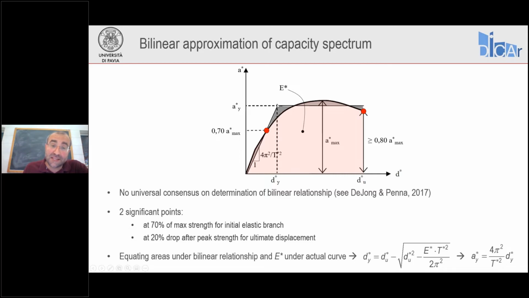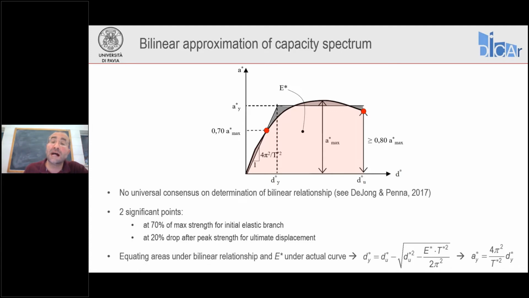The elastic branch of the bilinear relationship has to pass through 0 and through the 70% A star max point, while we stop our analysis when we lose 20% of the strength.